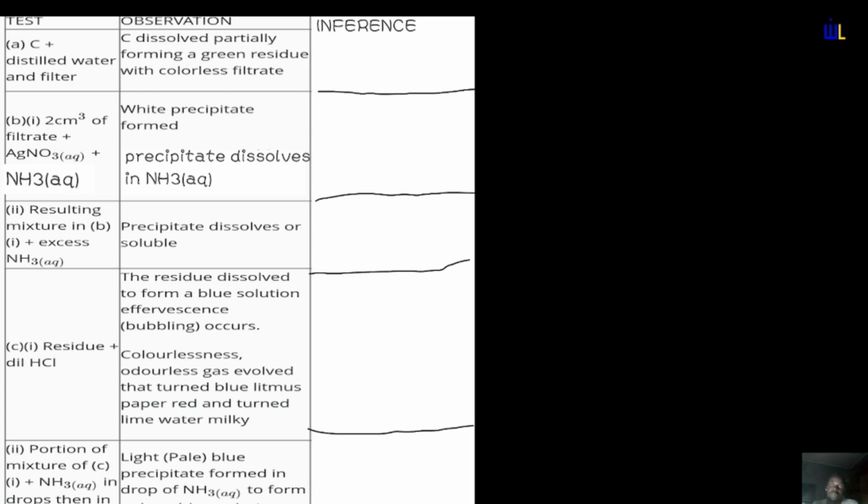Anytime you have partial solubility and partial insolubility, that is, some of the salts dissolve and some do not, you write in your inference that it is made up of both soluble and insoluble salts. So the inference should be that soluble and insoluble salts are present.